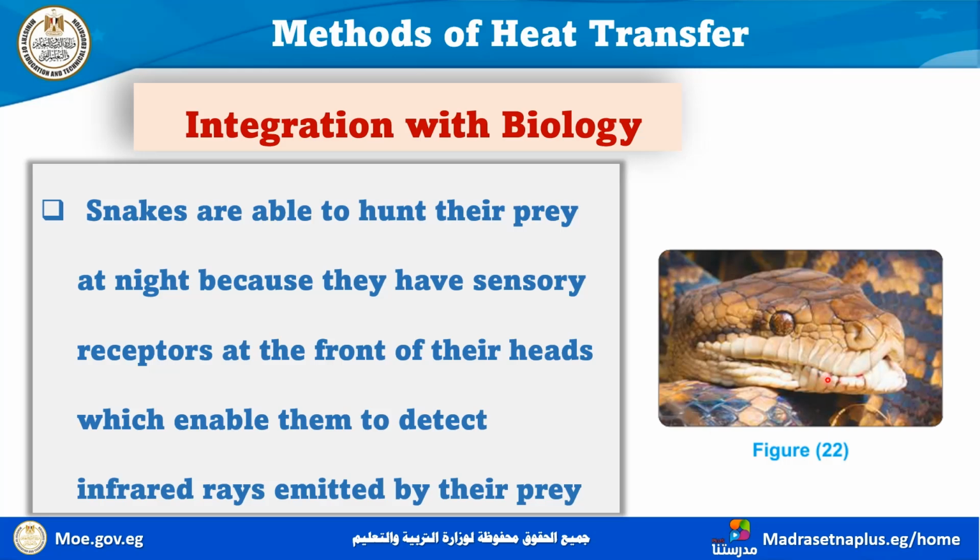So the snake can hunt the prey by sensory receptors that detect the infrared rays coming out from their prey. So they can hunt in the dark or at night due to the presence of these sensory receptors that detect the infrared rays coming from their prey.